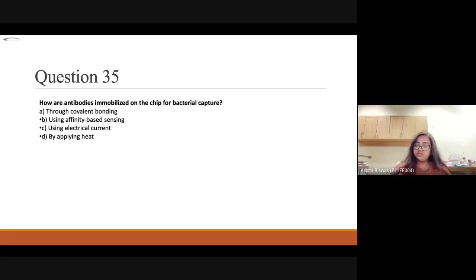So the right answer is option B, using affinity-based sensing.